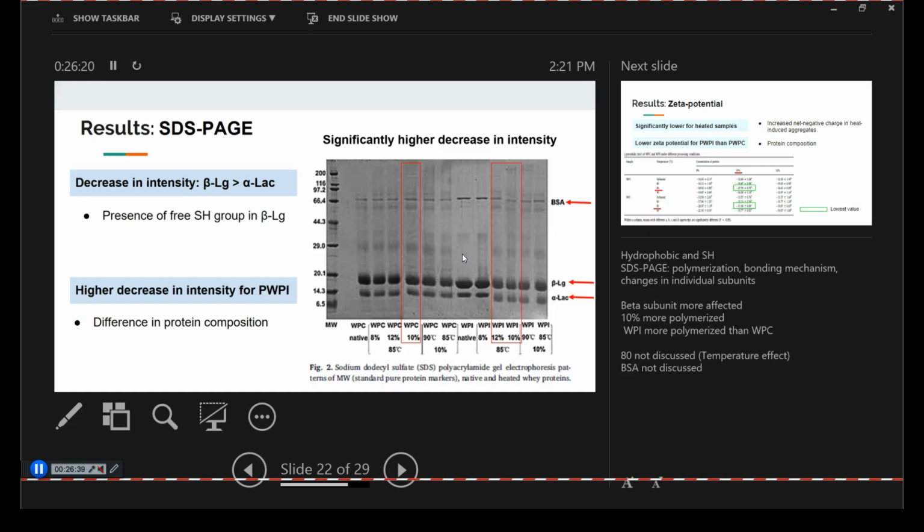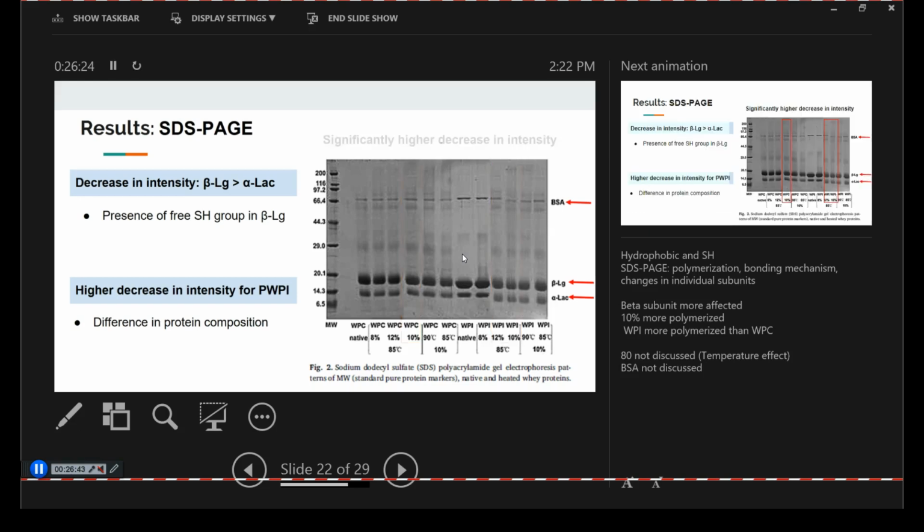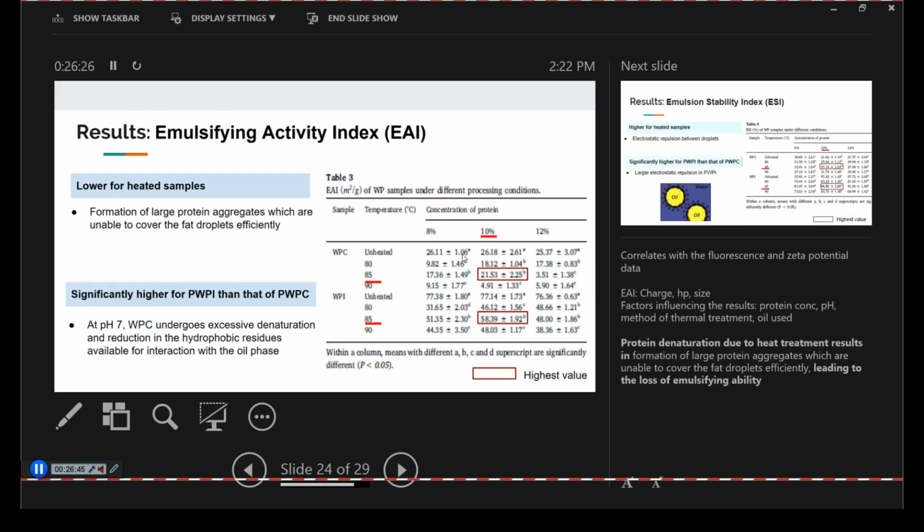Go ahead. So when you go back to the second paper, emulsifying activity index, we see for WPC 90 degrees and WPA 90 degrees, for WPA it hasn't decreased a lot in comparison to 85, but for WPC 90 it has decreased from 21 to probably 3. What do you think?